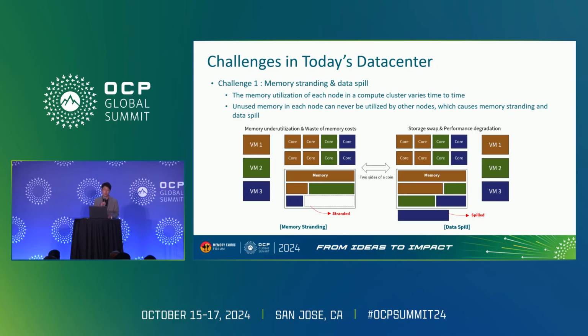Memory is a very costly resource, so memory stranding due to platform over-provisioning represents significant resource waste. And there can also be a temporary skew in memory usage, causing data spill, as shown on the right side. So the storage swap can lead to system performance degradation.